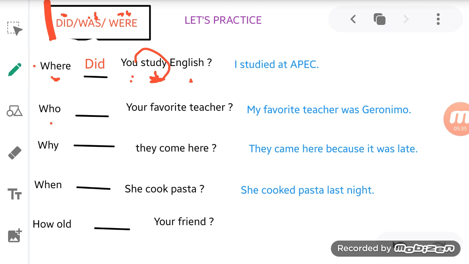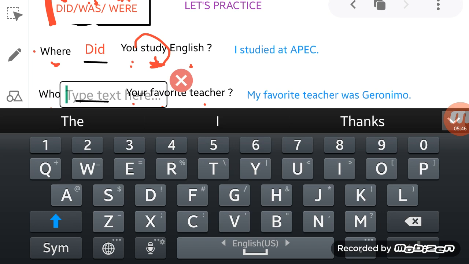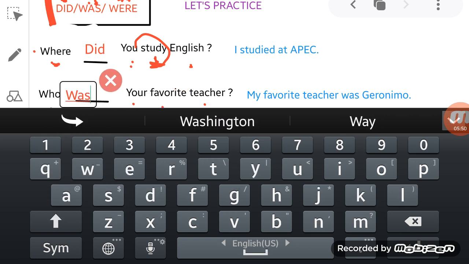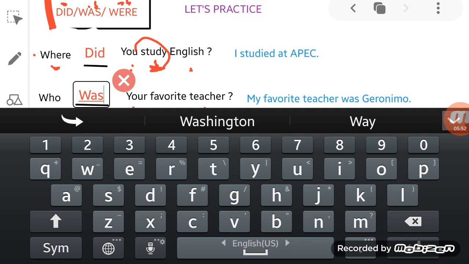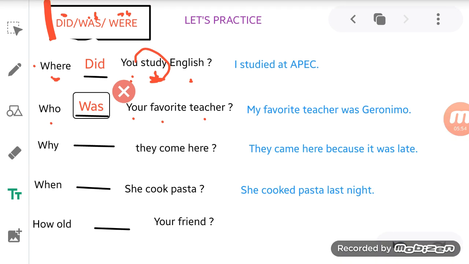Well, no, we don't have any verb. So in that case, we need to add the verb be in past. Your favorite teacher is the third person. For that reason, you need was. Who was your favorite teacher?